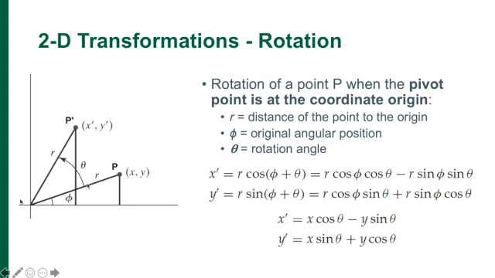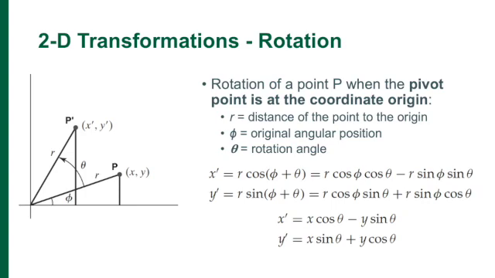If we perform this rotation, then we can observe that the new P or P prime coordinates are going to be defined by r, that's the distance to the origin, multiplied by the cosine of the sum of these two angles, phi and theta. We can observe that here. Similarly, we can apply it for y using the sine function.